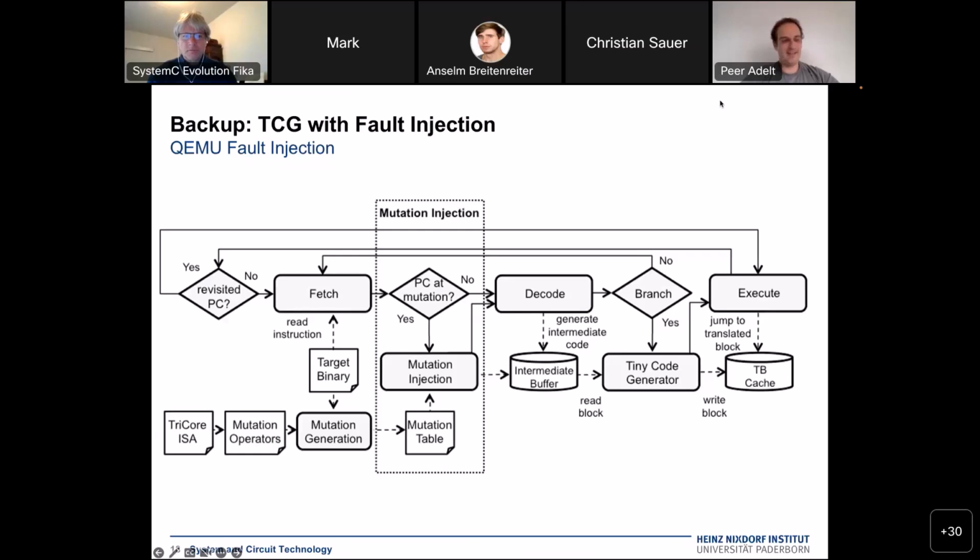Yeah, I see huge possibilities with the new plugin API for QEMU, but there's one big drawback. As far as I know, you can only monitor the system state, but you cannot alter it. Yeah, actually, it would be interesting to have a way of injecting through. Exactly. That's what I mean.